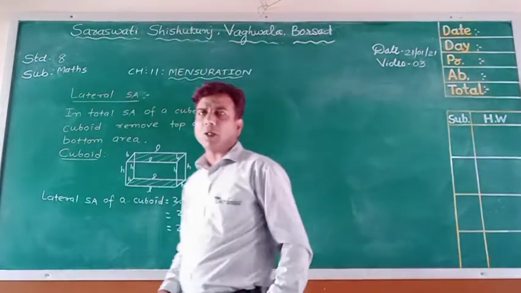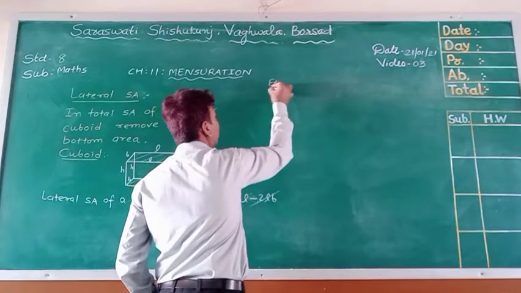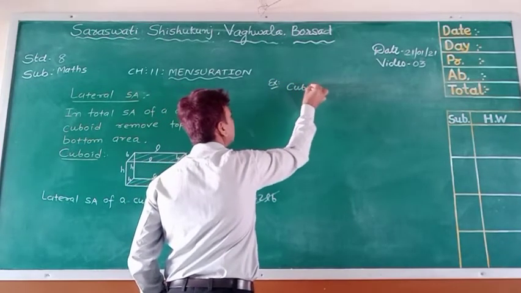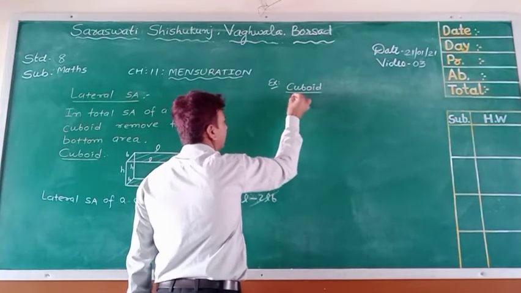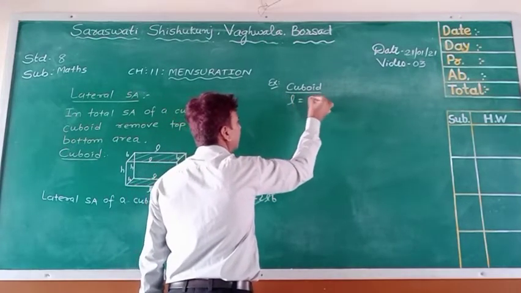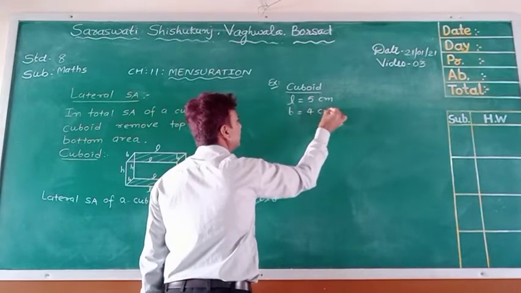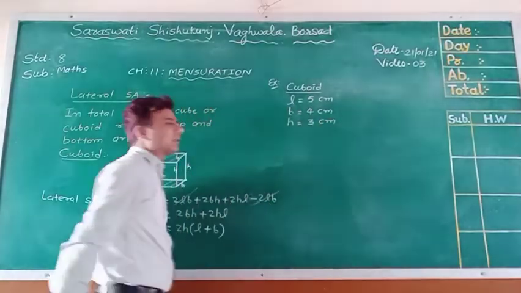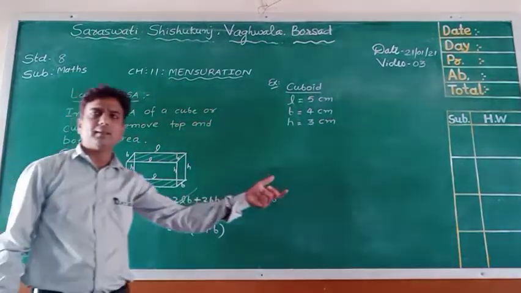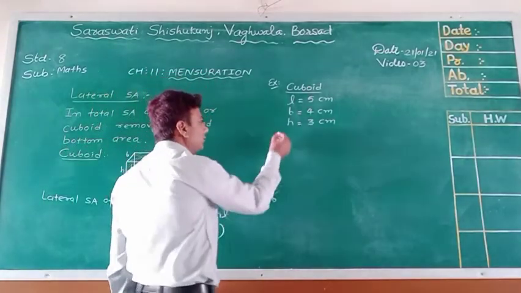Suppose in a cuboid the length is given 5 cm, breadth 4 cm, and height 3 cm, and they ask to find its lateral surface area. Simple, we use this formula.